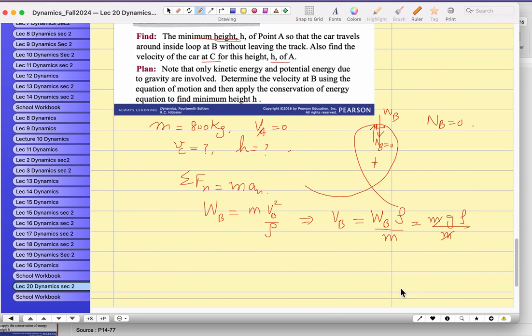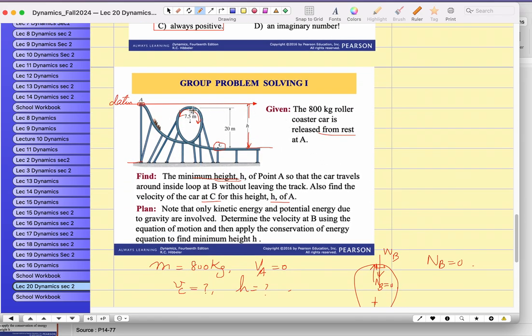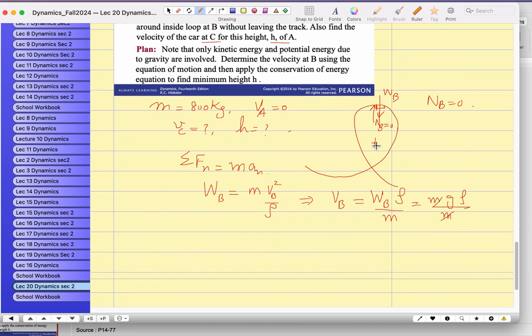So what is the radius of curvature? If you take a closer look, this distance is 7.5 meters. So the velocity at location B is the square root of g rho, where g is 9.81.